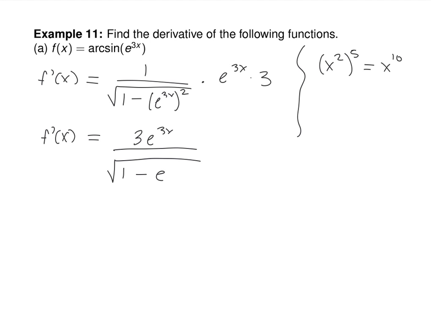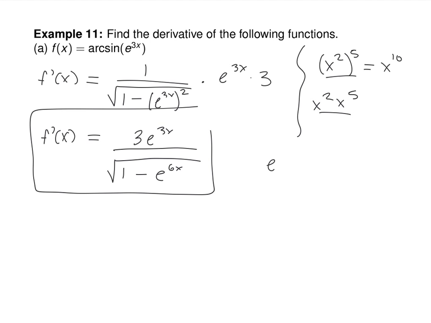What would you have to have had? x squared times x to the 5th. Okay, so what happens to those exponents? Is it more like this one or more like that one? Top one, so they multiply, that becomes 6x. Or you could think e to the 3x squared means e to the 3x times e to the 3x, and then they add, right? 3x plus 3x is 6x. So either way.